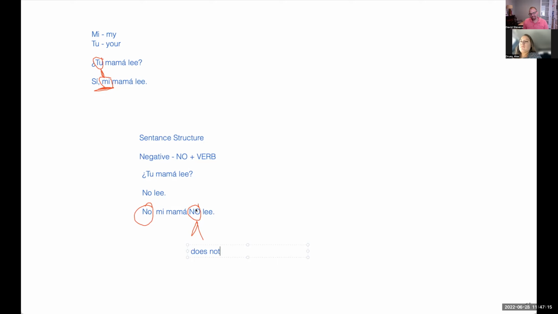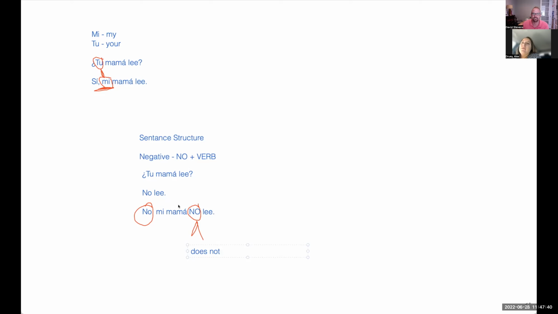If you think about it like this, if this no isn't here, you put the no up front. Does your mom read? You're essentially saying, no, my mom reads. Right? So you've flipped it back into a positive sentence, so it gets confusing for people. So you have to have that no right before the verb to say, no, my mom does not read.